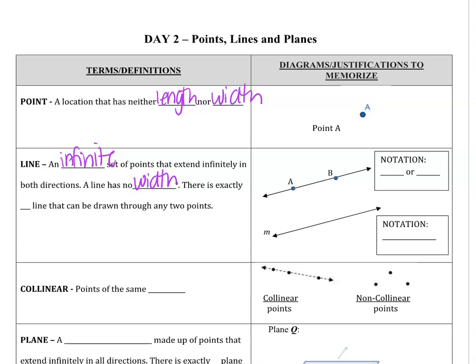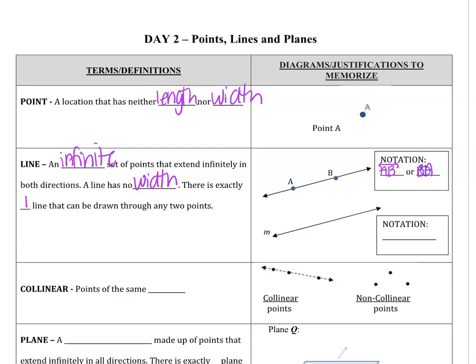There is exactly one line that can be drawn through any 2 points. So if you have 2 points A and B and you connect them with all the points in between and beyond, that creates line AB. Now you can do it as capital A, capital B with what appears to be a line symbol above it. That's literally the line notation. It looks like a line.